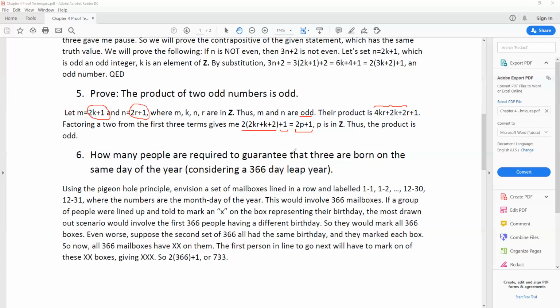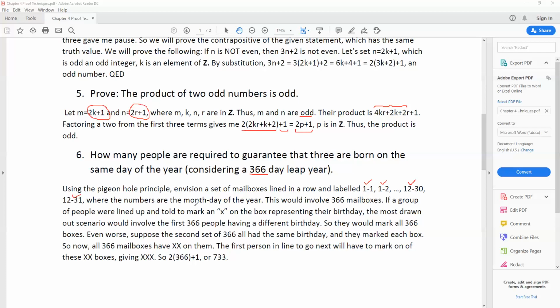Imagine that you had 366 mailboxes. We chose 366 because the problem says to consider a leap year. And let's label each mailbox 11, 12, all the way down to 1230 and 1231.